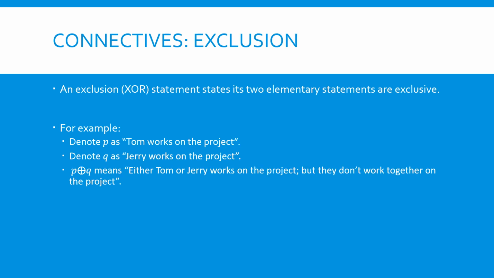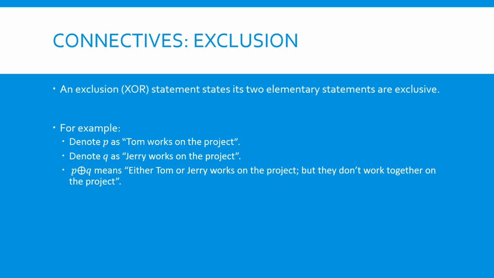The fourth connective is the exclusion or XOR connective. It takes two operands or elementary statements. It says that the two elementary statements are exclusive, or have different truth values. For example, denote P as "Tom works on the project." Denote Q as "Jerry works on the project."